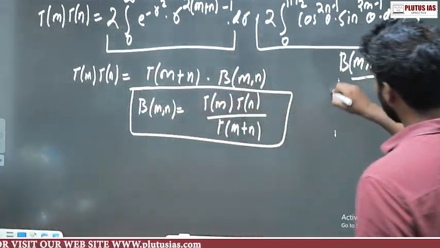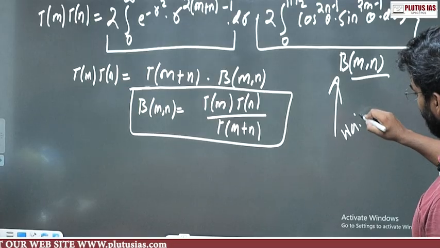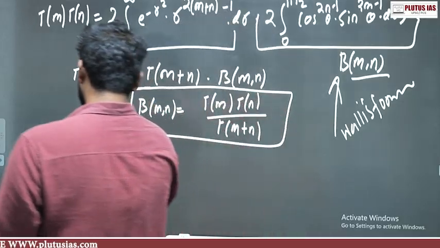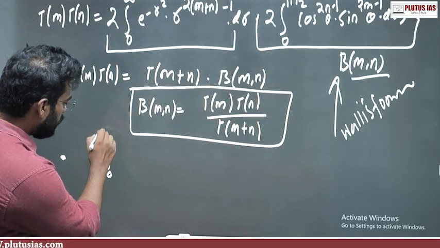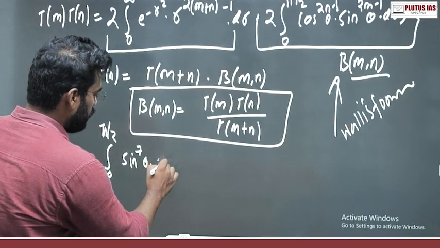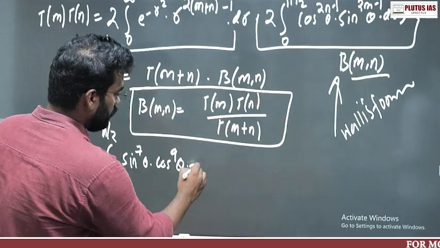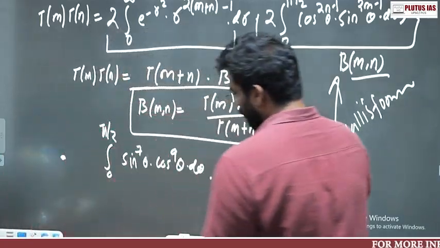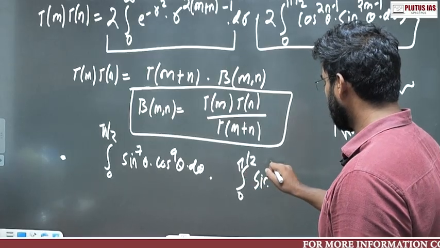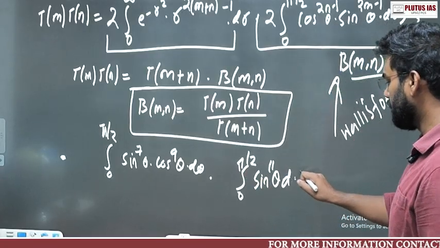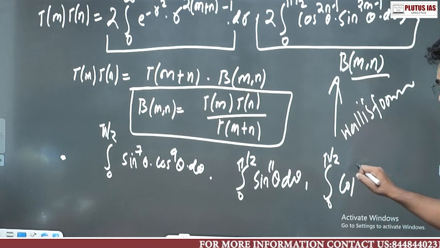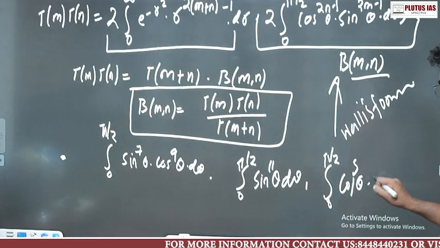Okay, so this formula is the Wallis formula. It is used to calculate integrals of the form 0 to pi by 2 of sin to the power 7 theta cos 9 theta d theta, or 0 to pi by 2 of sin 11 theta d theta, or cos say 7 or 5 theta d theta.